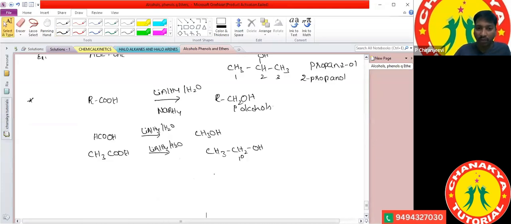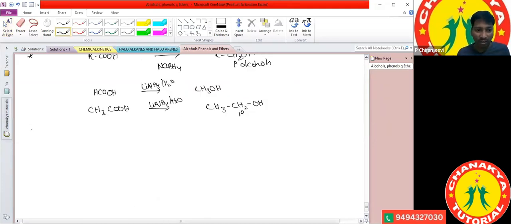Okay. Here is another condition. From esters also we can prepare alcohols. In this one, the reagent we are using is lithium aluminum hydride only. We cannot use sodium borohydride for the conversion of the ester into alcohol.